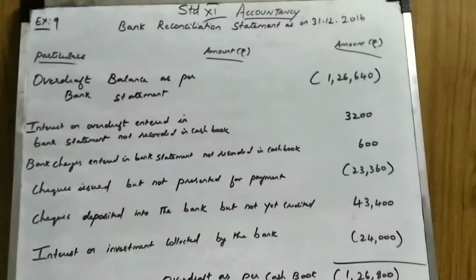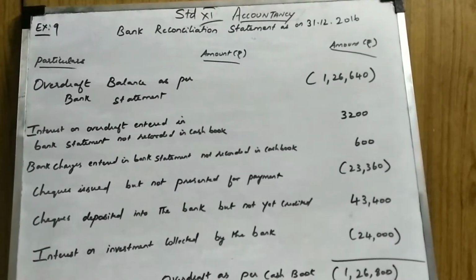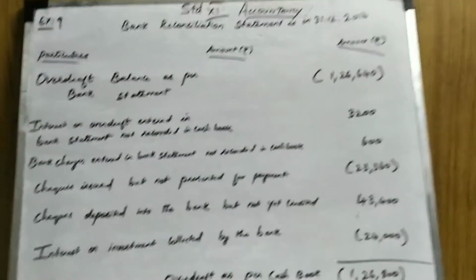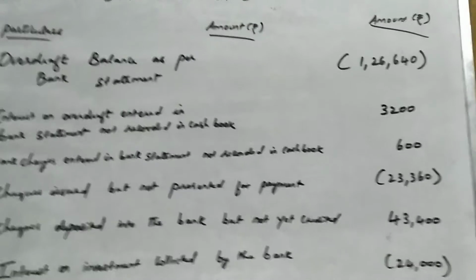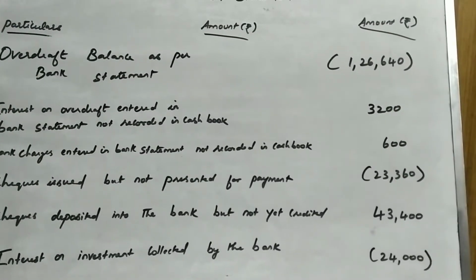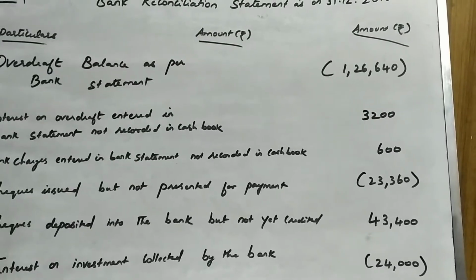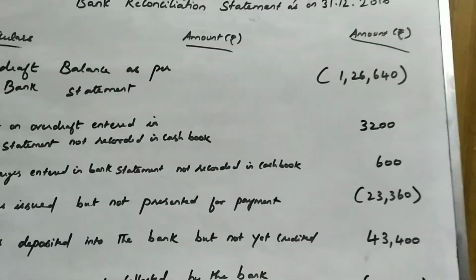So we are starting with the title, Bank Reconciliation Statement as on 31st of December 2016. Particulars, amount and amount. So we are starting with the overdraft balance as per bank statement. It is an unfavorable balance. Since it is an overdraft balance, we are putting that within the bracket, 1,26,640.